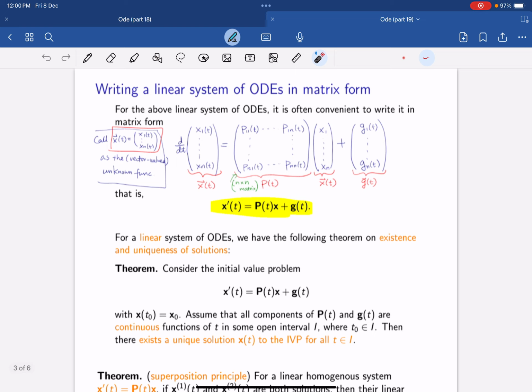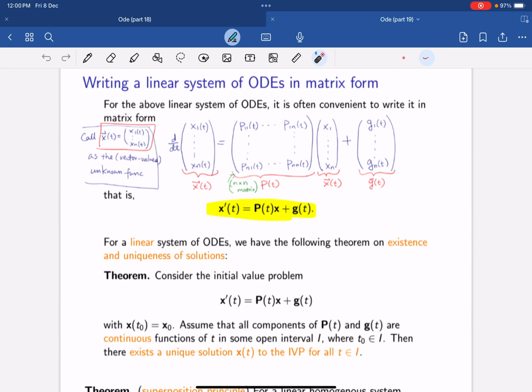The good thing about writing it as a system of equations is that you can convert it to matrix form, and we can use linear algebra to help us solve many problems. We have our x1, x2, all the way to xn, and we put a big derivative sign on the vector, so it's vector calculus in a sense.